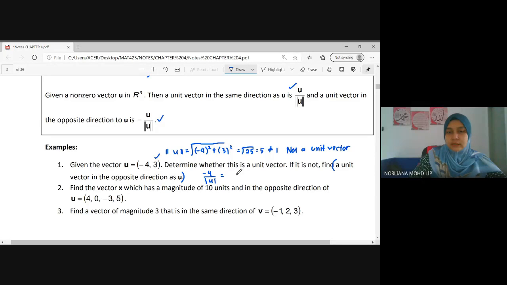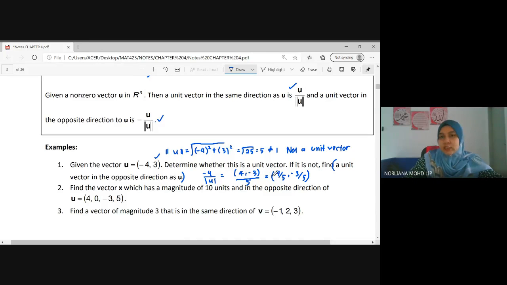So we get negative of u, so 4 and negative 3, over 5. So we get a new vector u: 4 over 5 and negative 3 over 5.